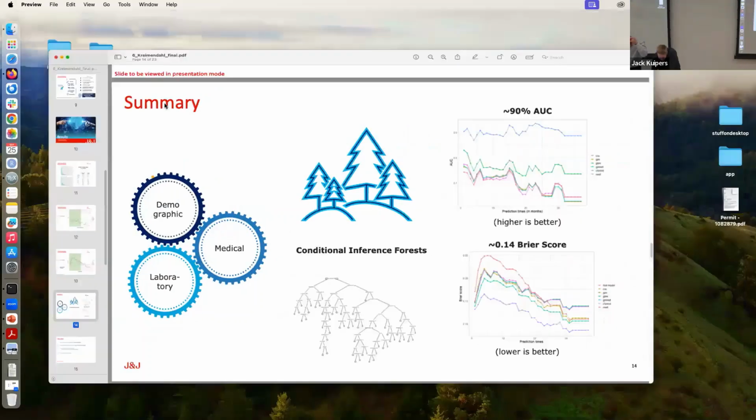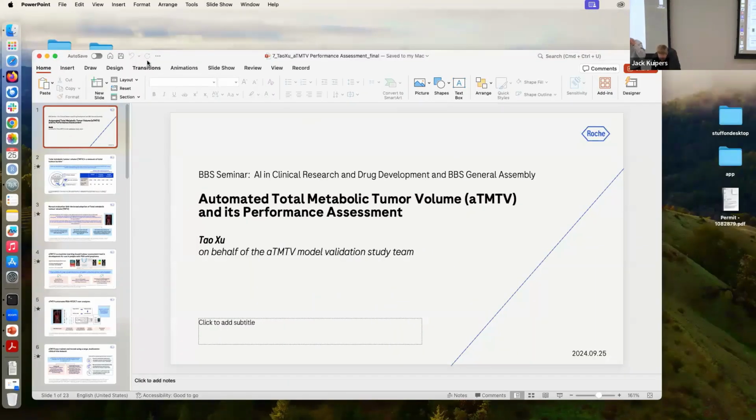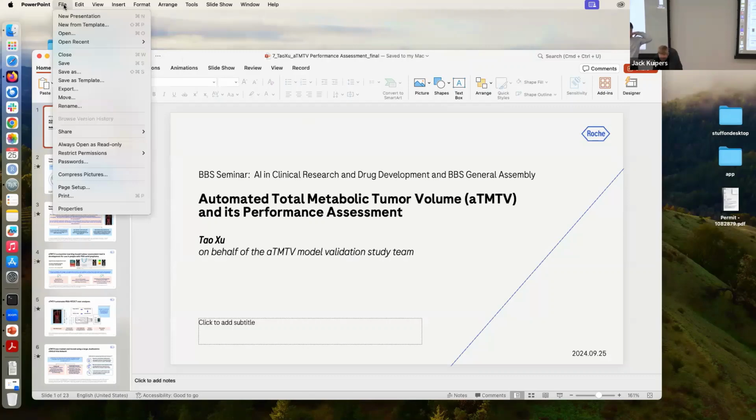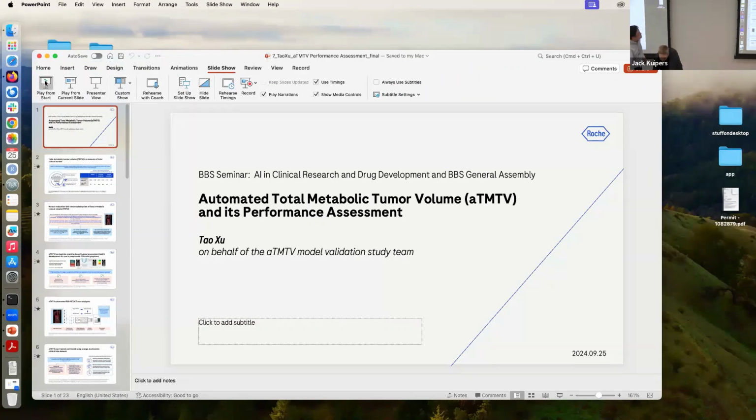Tao is a principal data scientist in PD data science at Roche, and is currently working on development and validation of an imaging algorithm to automate segmentation of lesions and quantification of lesion volumes from PET-CT scans of lymphoma patients. He holds a PhD in epidemiology from LMU, and is going to talk about one of their case studies.